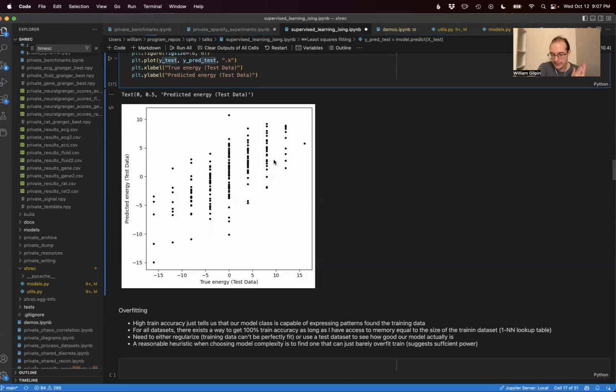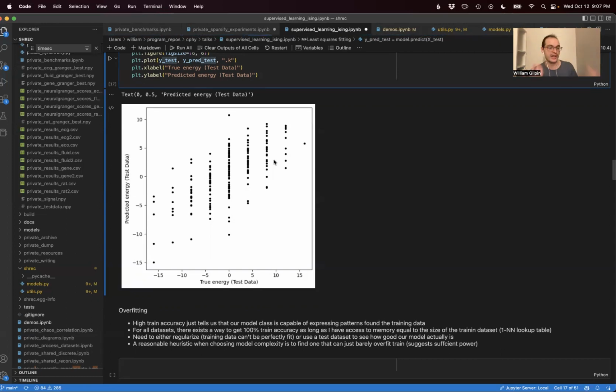So I'll mention that you really shouldn't read too much into training performance, other than it maybe tells you whether your model has sufficient capacity to capture all the variance in your training data. One heuristic that people sometimes use is they'll deliberately increase their model size or complexity just enough that you're able to get 100% accuracy on train, so you hit that overfitting regime on train, but then you try not to increase model complexity much further than that.